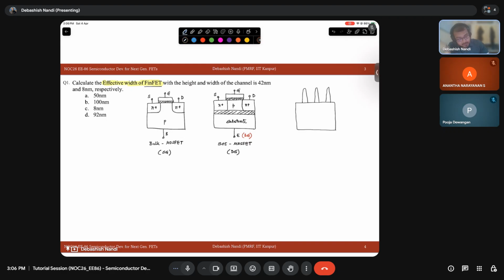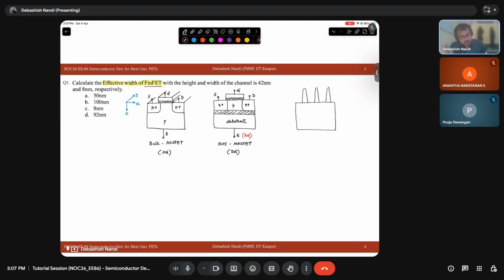By the way, let me just point: this is the length direction, this is the width direction, and this is the thickness direction, right? So your MOSFETs are in 3D.